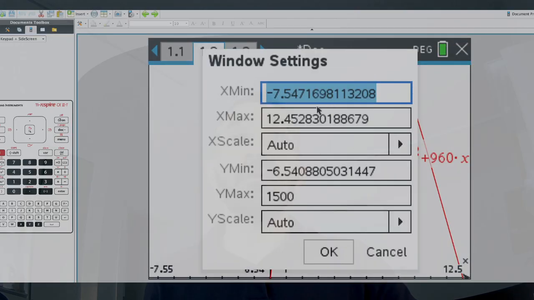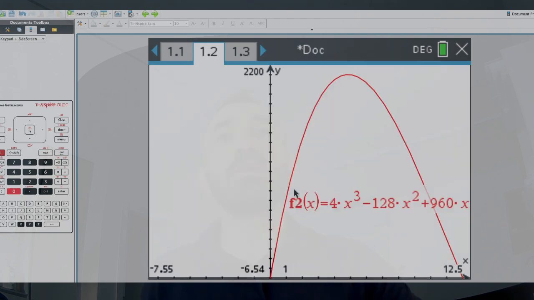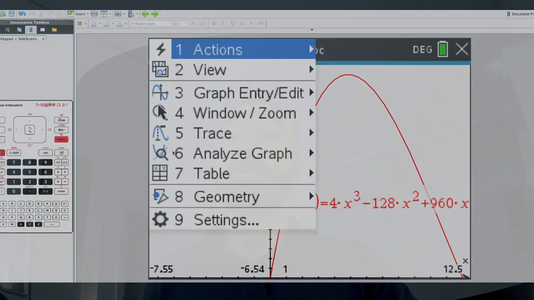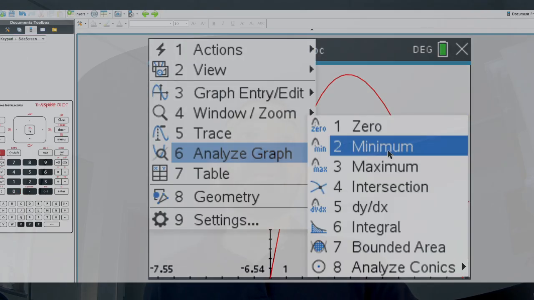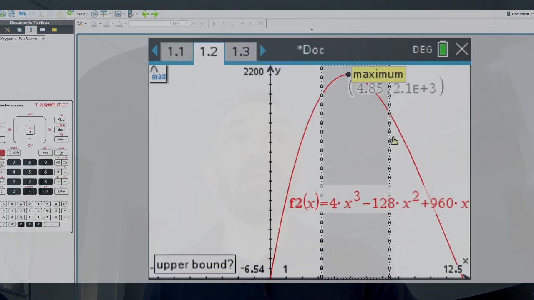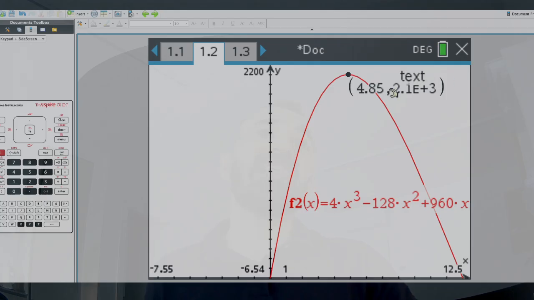For y maximum, you're going to put maybe 2200. Now you have the whole function here. Choose analyze graph, maximum point. Isn't it exactly what we found algebraically? When x is 4.85, you're going to have the maximum possible value for the volume, which is 2100.